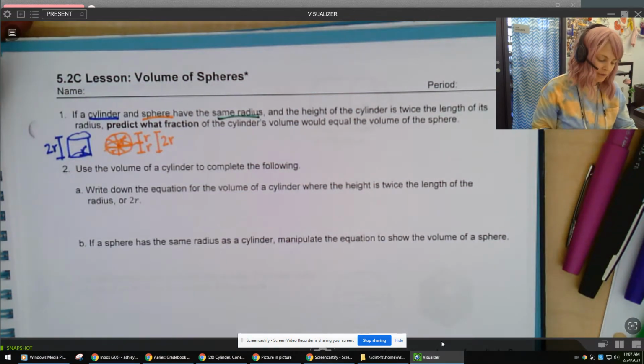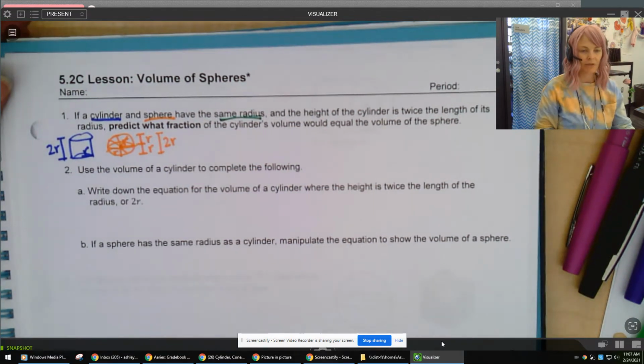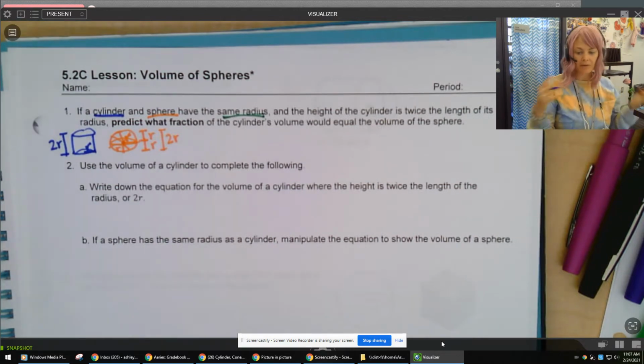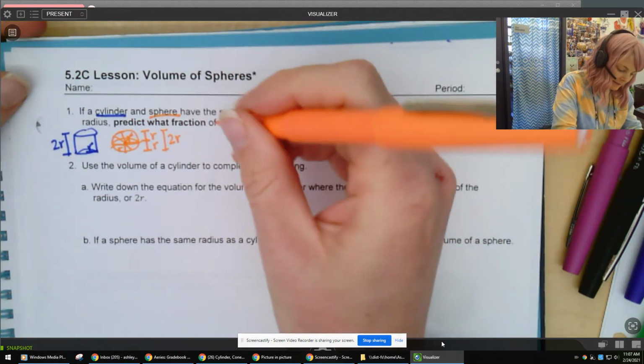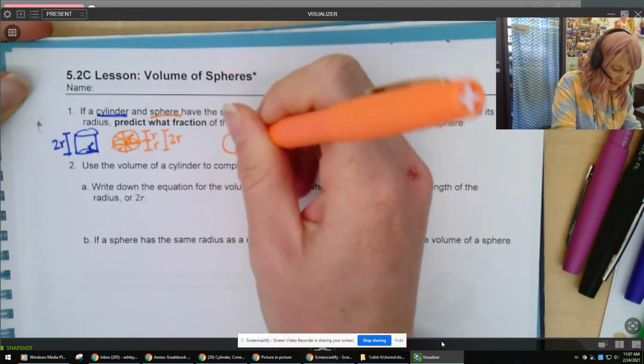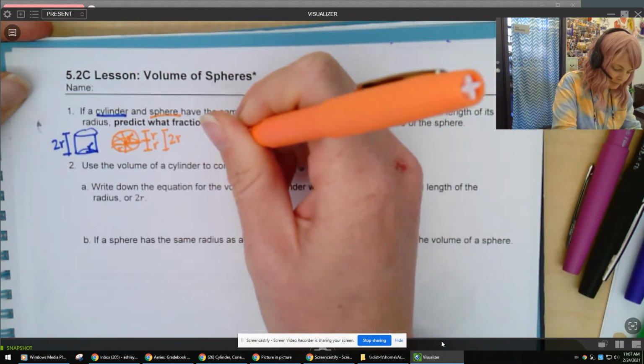It says predict what fraction of the cylinder's volume would equal the volume of the sphere. Which one would be bigger? Which one can we fit inside the other? In fact, we can place that sphere inside the cylinder.